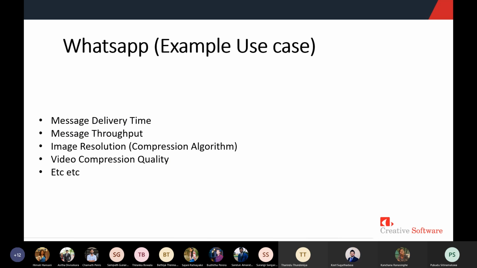Since I'll just take a couple of minutes to come up with an example use case so that people will understand. WhatsApp is an application that we all use. Now you know that an application like WhatsApp is completely free. But if someone asks you, oh, you are the developer, or you are the reliability engineer working for WhatsApp, how can you make sure that WhatsApp is working as expected?